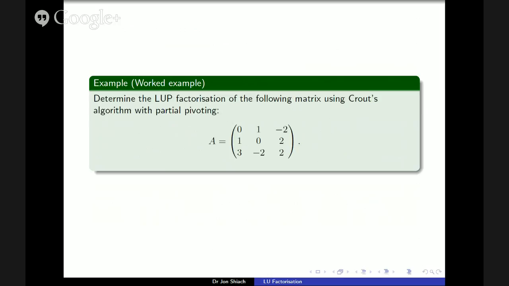So now we're on the second column, and this is when we have to go back to the formulae. For j equals 2, I'm going to calculate for i equals 1, i equals 2, and i equals 3. The first thing I do is calculate A12.